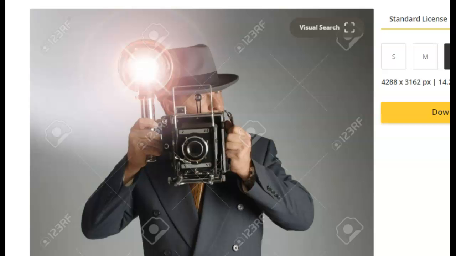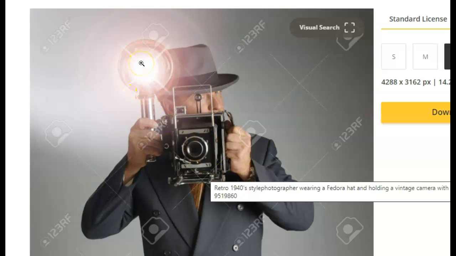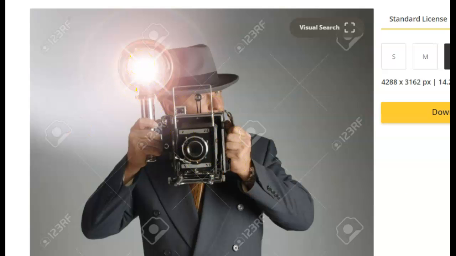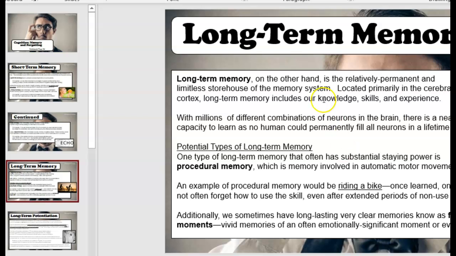All right, this is just a quick photo that I Google searched. But this is the camera, and this is the light that goes off when they take the picture. So flashbulb memories are like pictures that are stuck in your brain that you can almost feel what was there, the smell, or you can relive it. It's such a vivid memory.